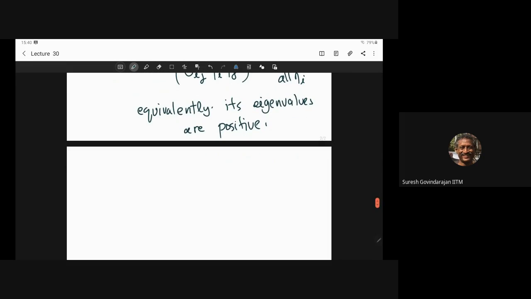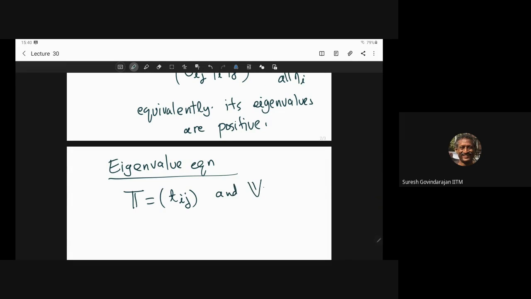Okay. So if you remember the eigenvalue equation, we defined this matrix T to be Gij at q naught, of course, and V to be Vij.